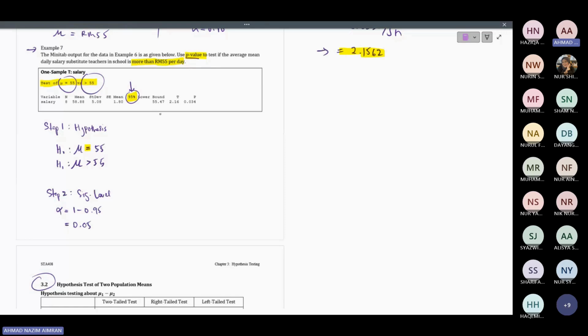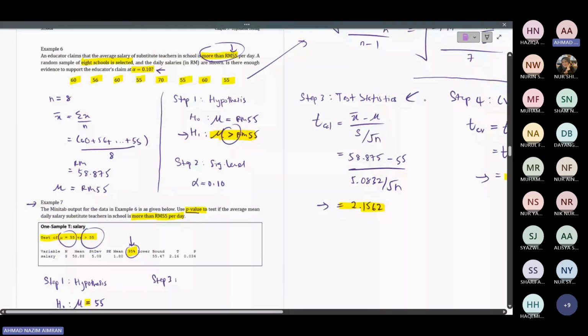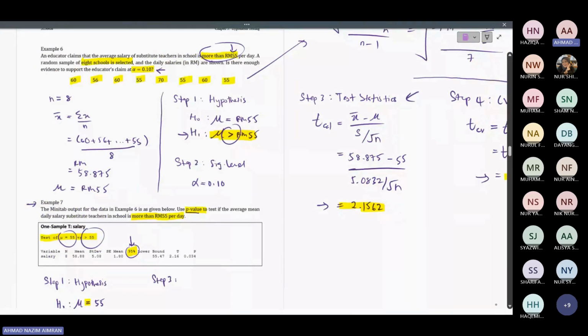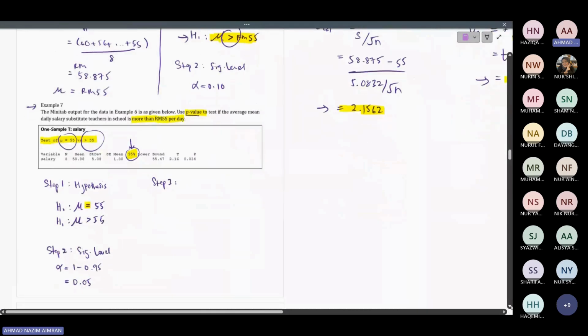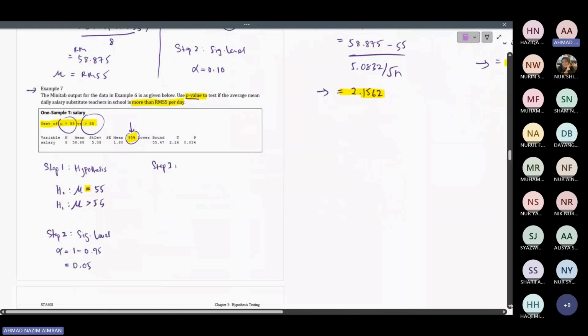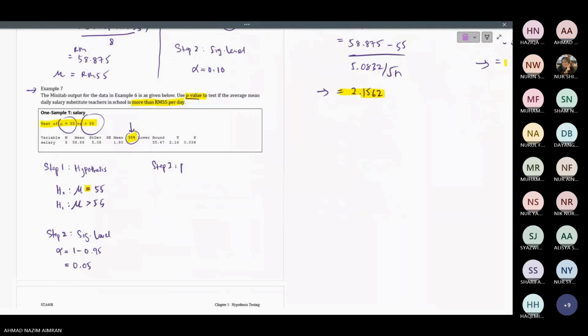And step 3. In the previous example, we used test statistics, right? This one is the test statistics in step 3. But now, since the question asks you to test the hypothesis by using p-value, step 3 will be our p-value.